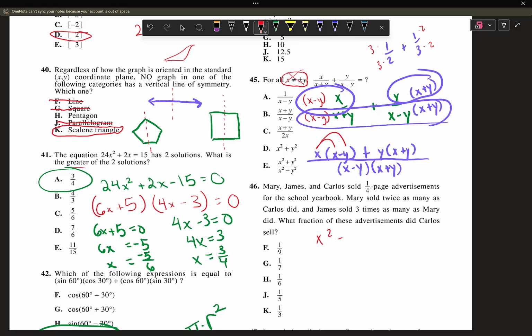That's x squared minus xy. Distribute the y here, that's plus xy plus y squared. The xy's cancel, and we're left with just x squared plus y squared over our common denominator.